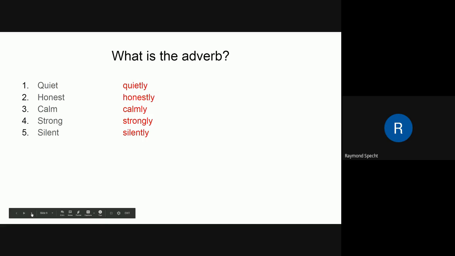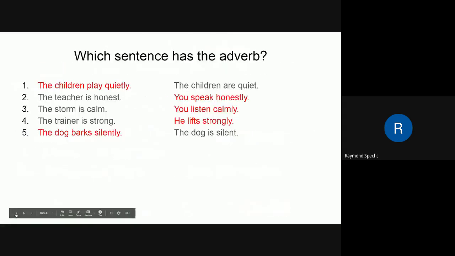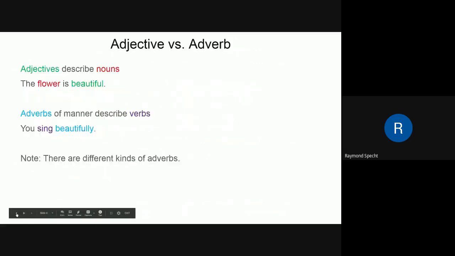All right, now we've gotten our adverbs. What are we going to do with these adverbs? We're going to try to make sentences using the adverb. Now remember, what is an adverb? Let's go all the way back here. They describe verbs.